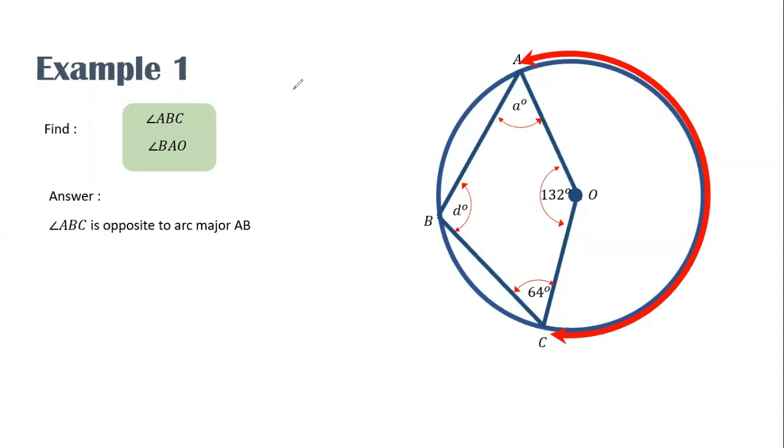Is it clear to you, everyone? Angle ABC is opposite to arc major AB.